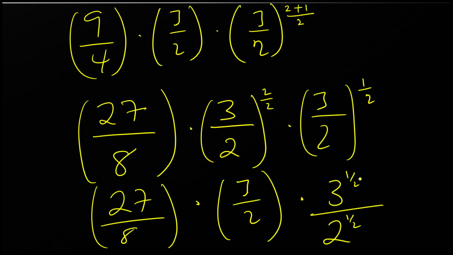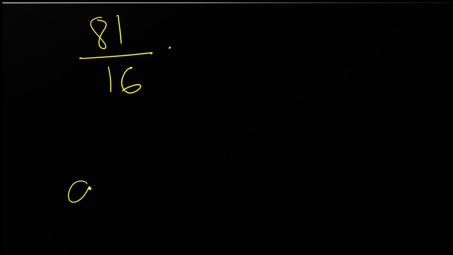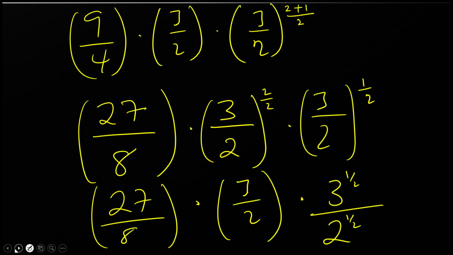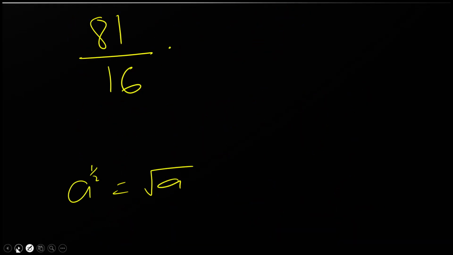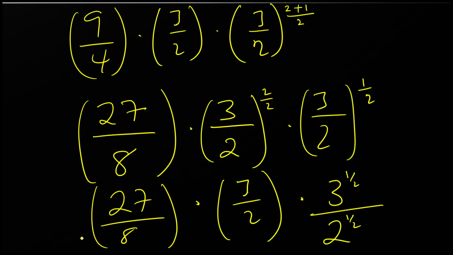So 3 raised to the power half. When we have a raised to the power half, it is the same as the square root of a. So 3 to the power half will be square root of 3, over, so this side will be square root of 2.